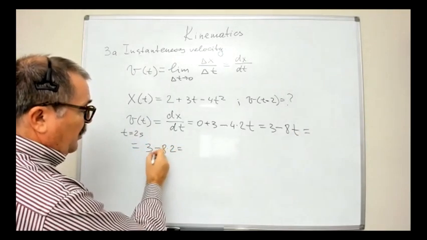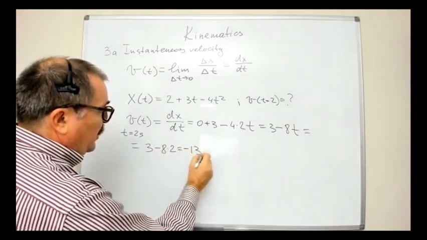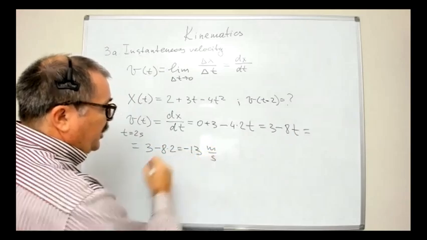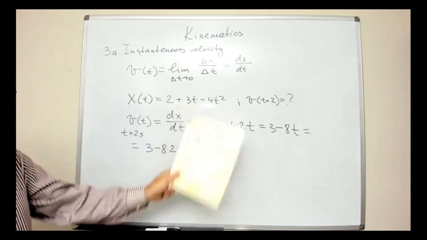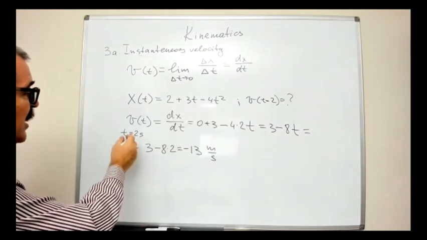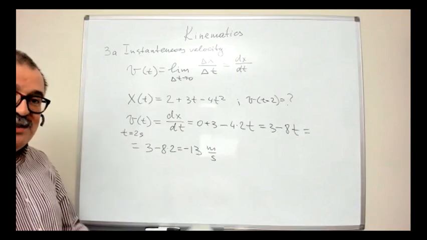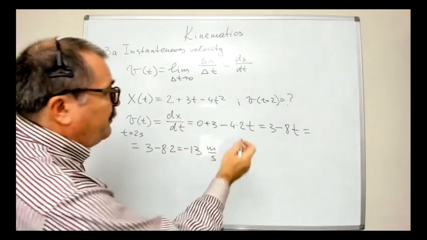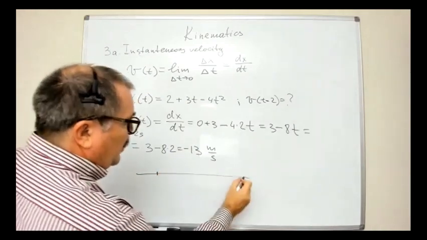So minus 16 plus 3 is minus 13 meters per second. So the velocity of this object, which moves in accordance with this formula, at time 2 seconds will be minus 13 meters per second. It's negative, meaning that, using this reference frame, as I said, this is our positive x.